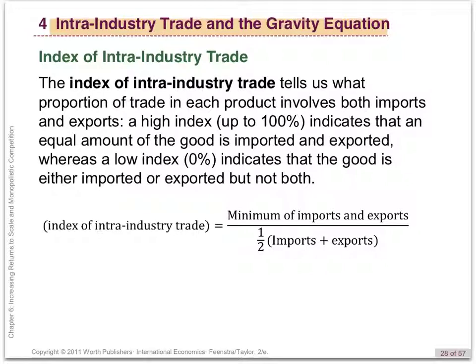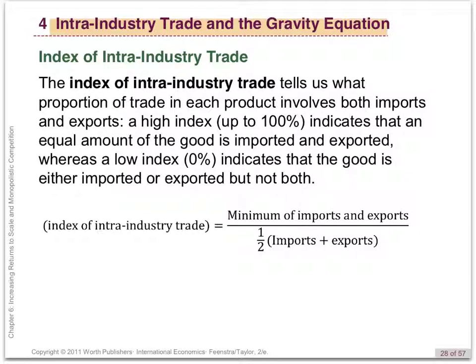So if this index is 1, that means this is a perfect case of intra-industry. The United States exports 1 million golf clubs and imports 1 million golf clubs, and it's the same thing. That's perfectly intra-industry if the index is 1.